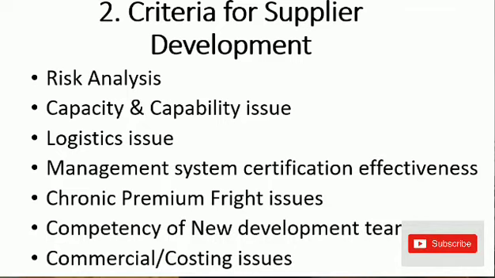Then issues like premium freight. If there are consistently issues of premium freight, that can be a criterion. Then maybe the competency of people working in the organization, especially in the new product development process. Then maybe some commercial issues, such as costing going very high.